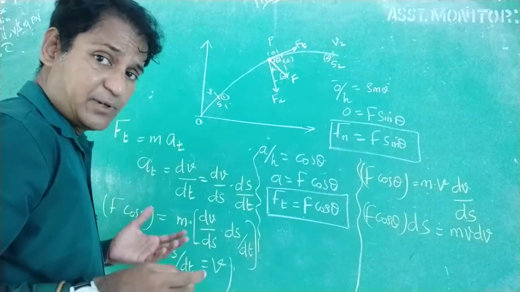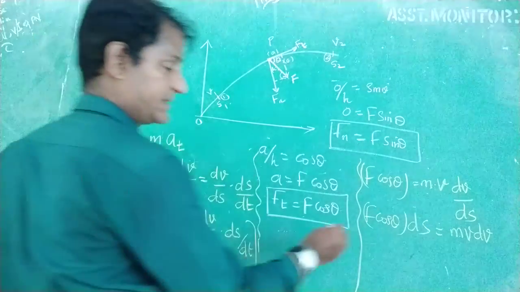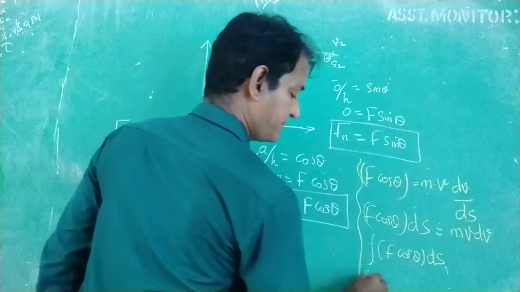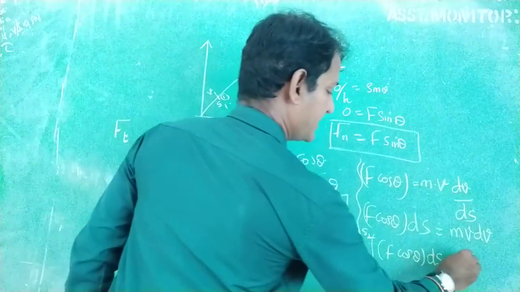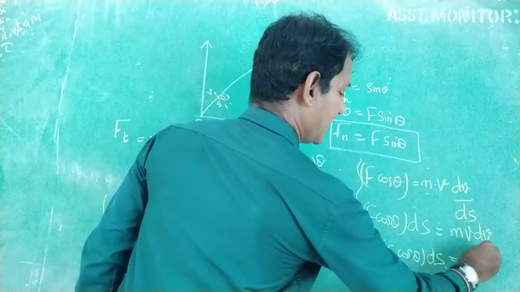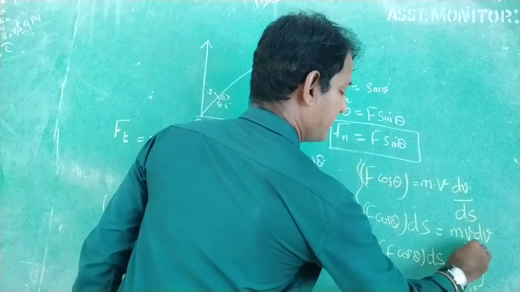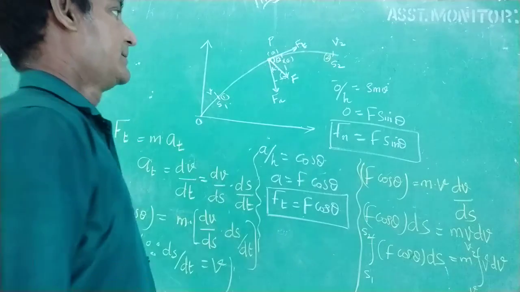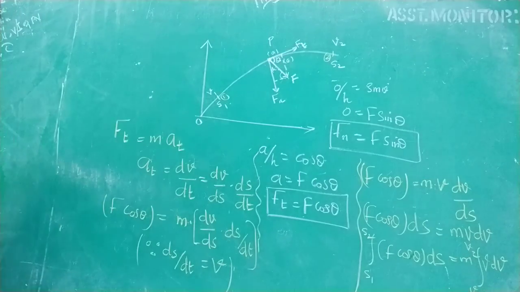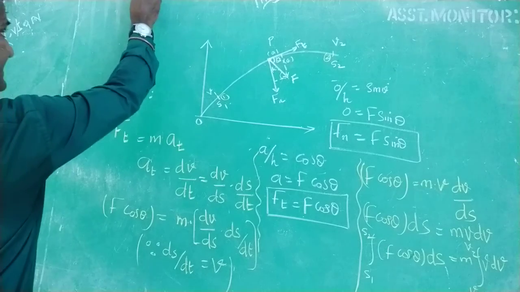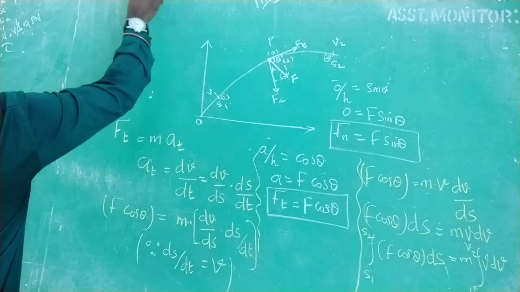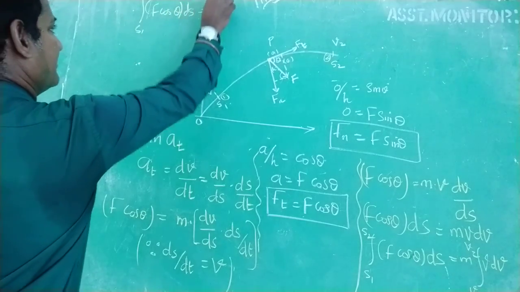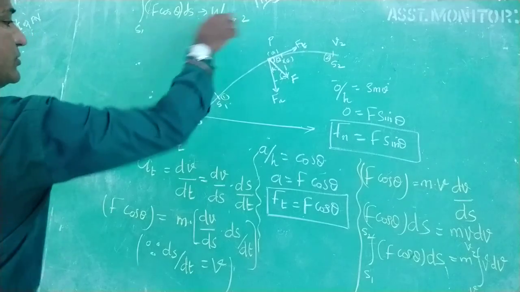Now, in order to get the total work done, we have to integrate on both sides. So the limits are s1 to s2. Here I am going to take m common outside. The limits are v1 to v2, v into dv. As I said, the integration from s1 to s2 of F cos theta ds is nothing but the work done from position 1 to 2.